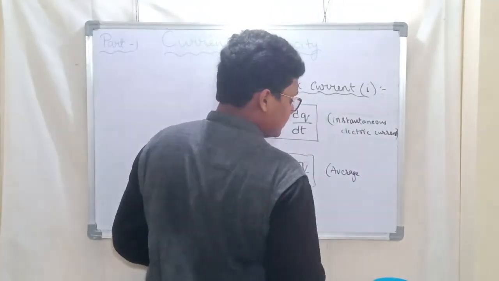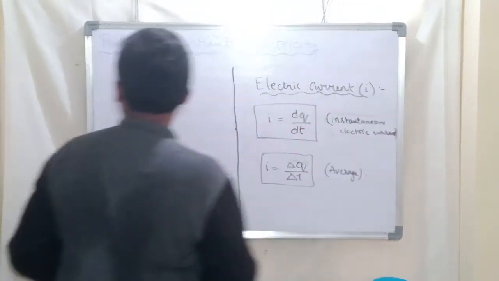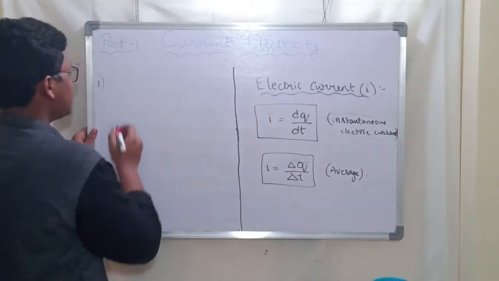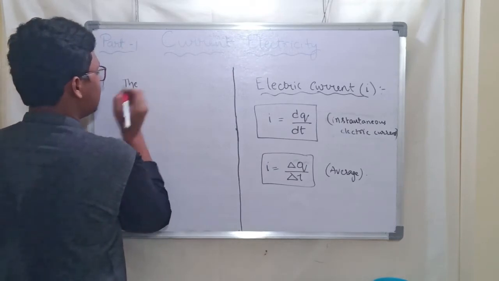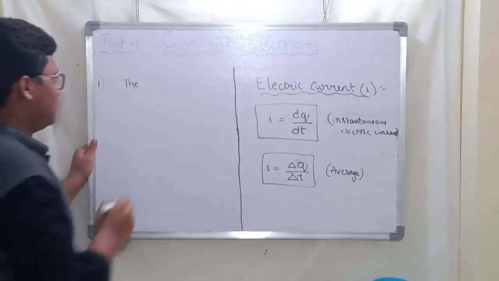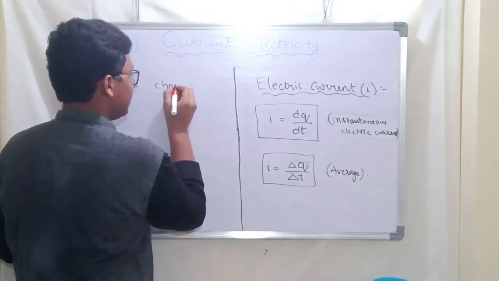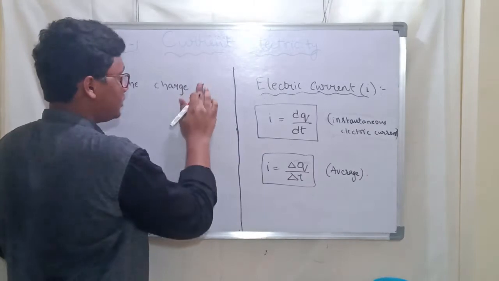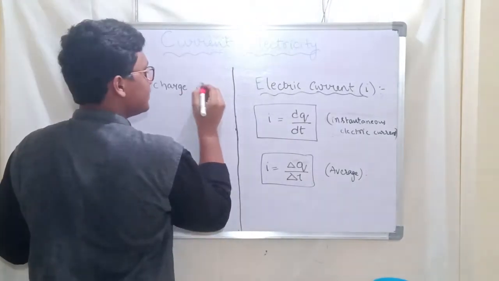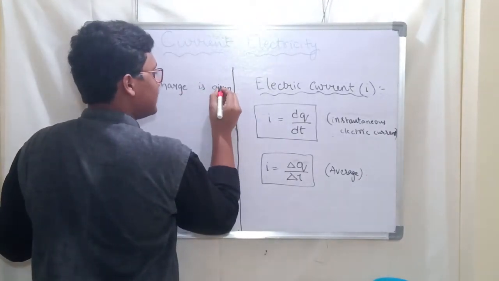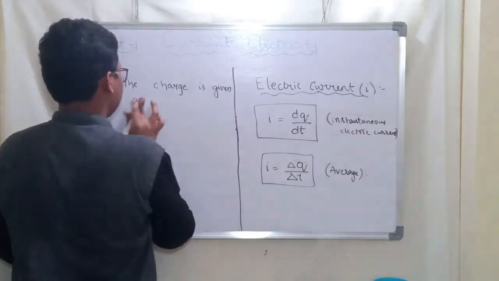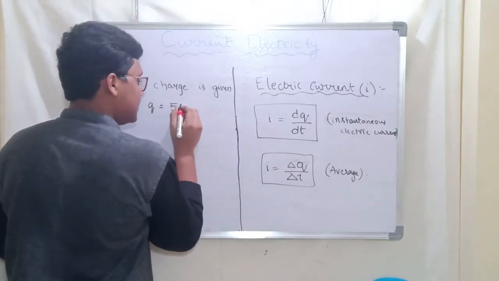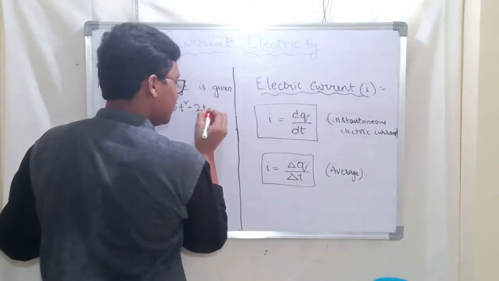A numerical problem on this. The charge q is given as q is equal to 5t square minus 2t.